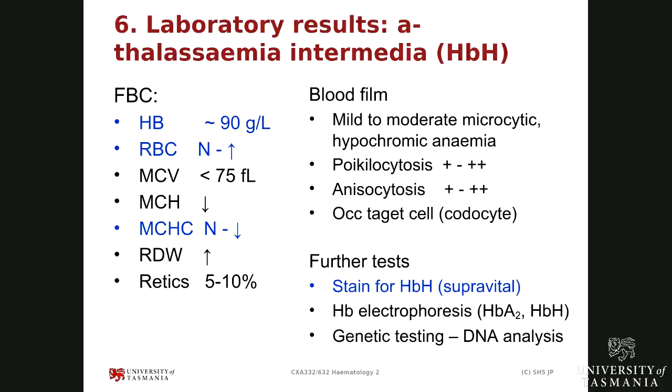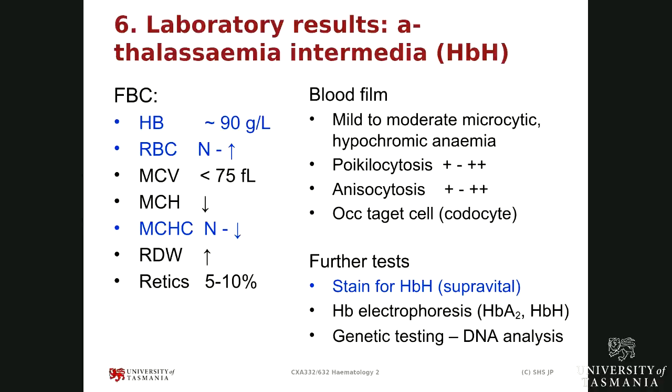So hemoglobin is down, but the red cell count is normal or increased. The MCV is usually less than 75, so it's quite microcytic, and the MCH is down as well. Even though the cells are small, there's usually not enough hemoglobin in them for the size of the cell, and that's why our MCHC can be low. You can see that poikilocytosis and anisocytosis are common, and of course target cells are there as well.